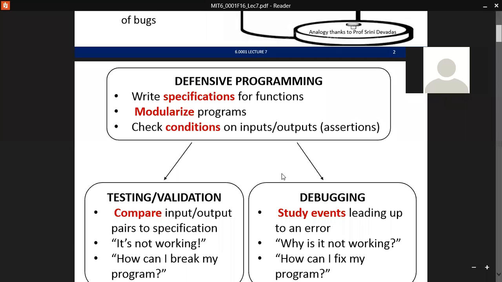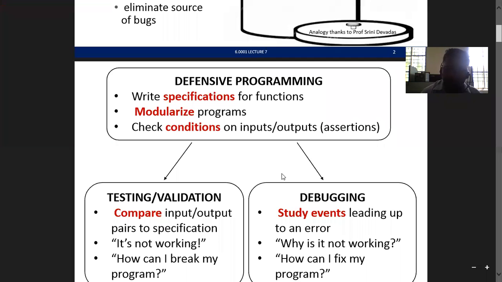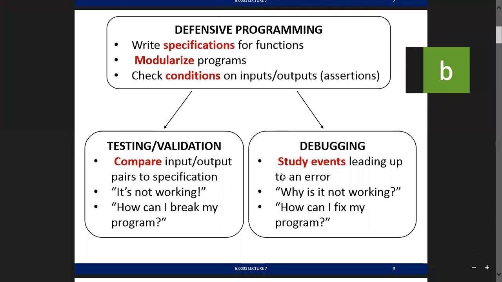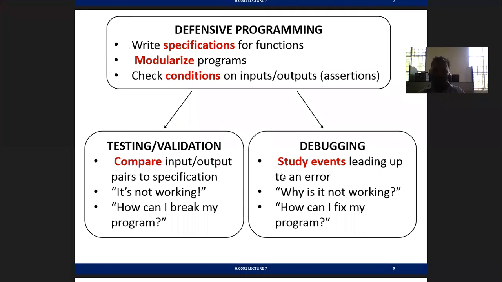Here again, in defensive programming, the explanation is testing or validation. What does it mean? Compare input and output pairs against specifications. According to the specifications, we have to take the inputs and check the output also. For example, while creating your banking account, first they will ask you to enter your name.